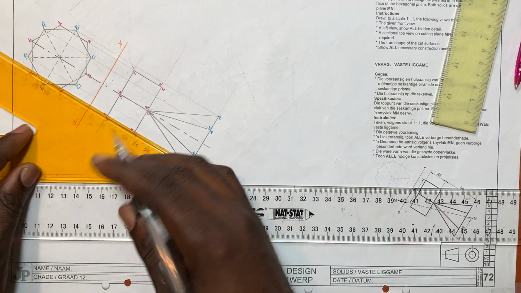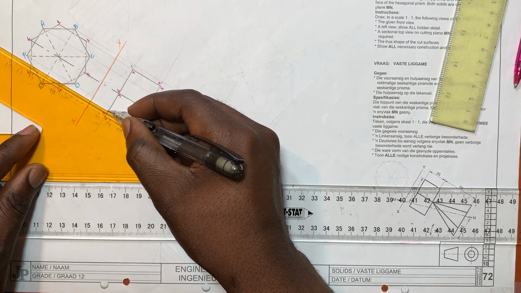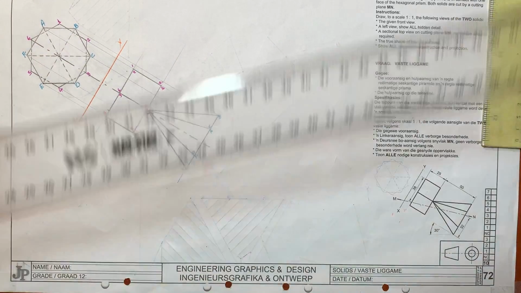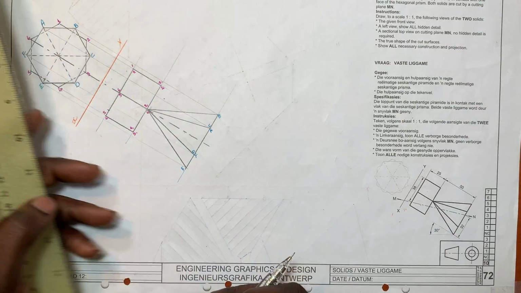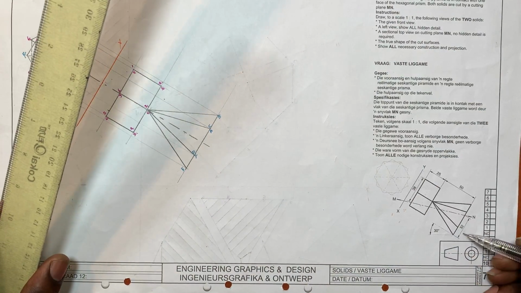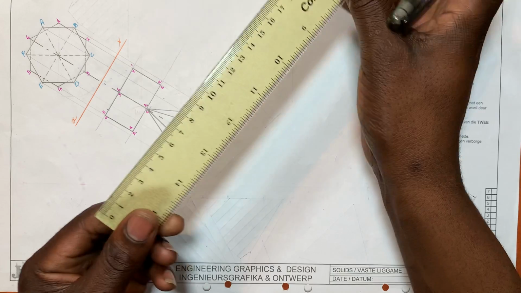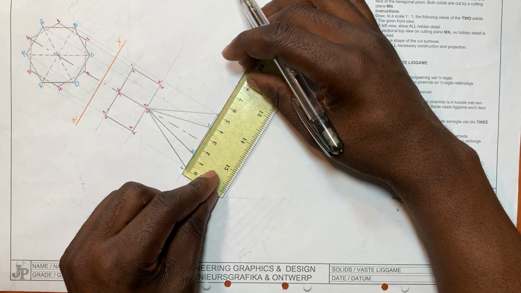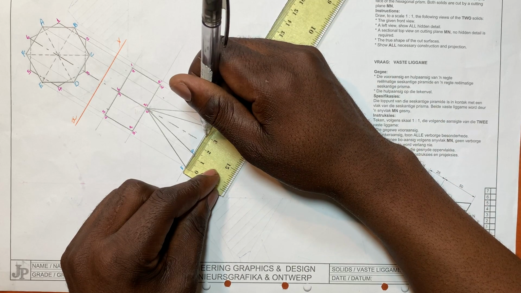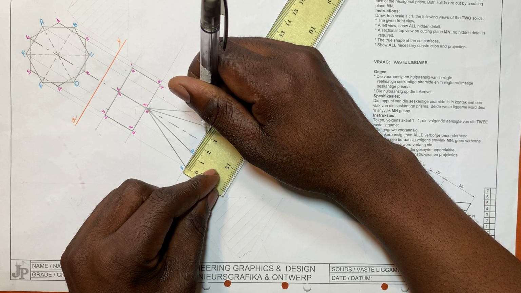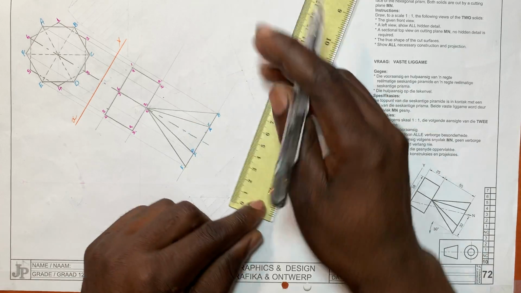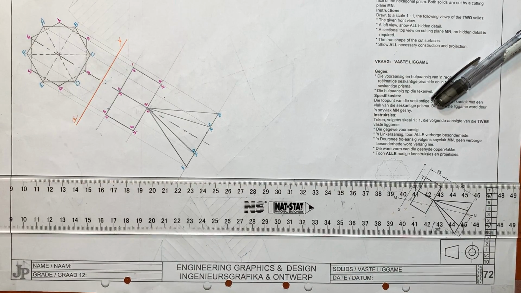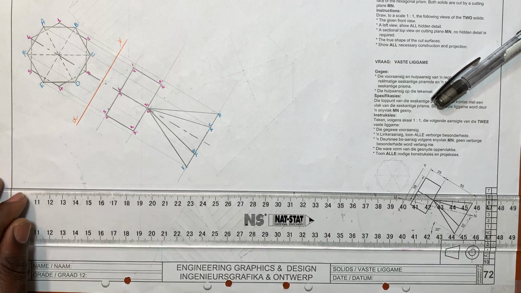Get it exactly on top, which is right here. And so after I've gotten that, then from here to there, 32, 31, 32, which is right here. Okay. That's my cutting plane.